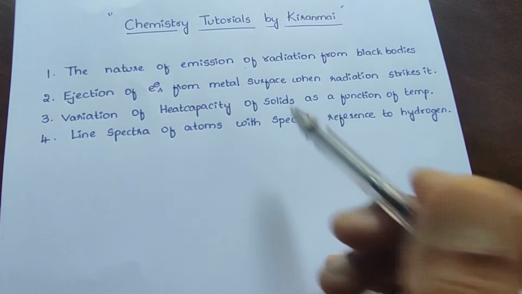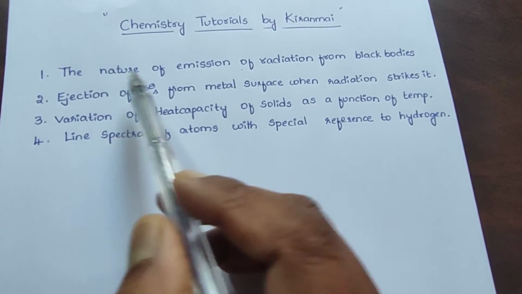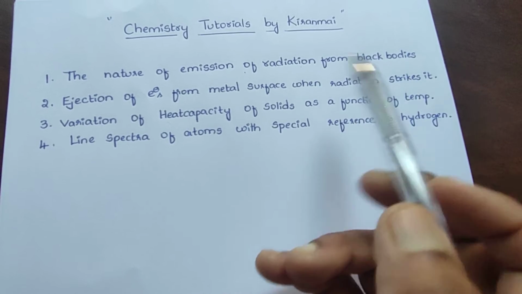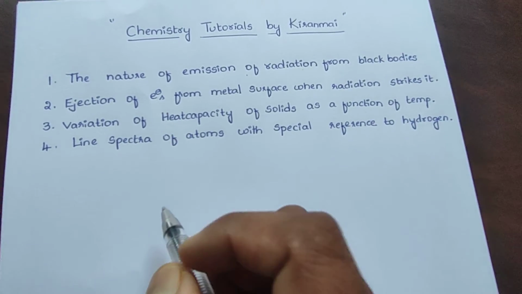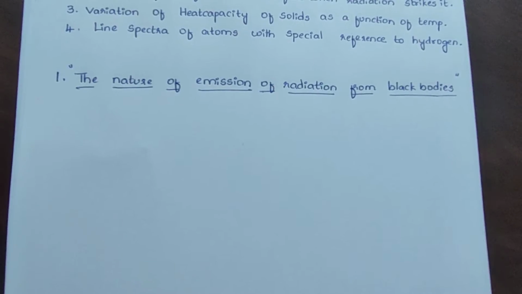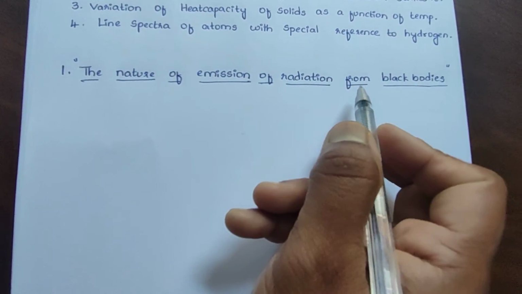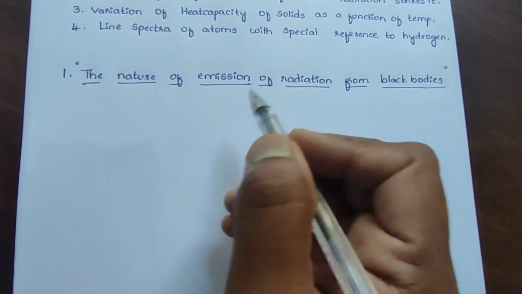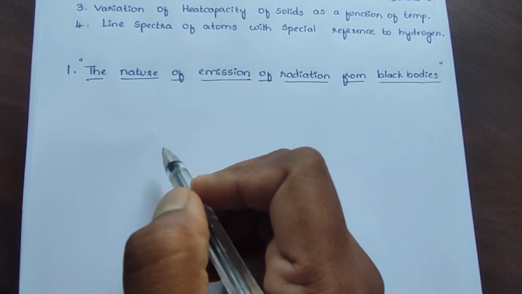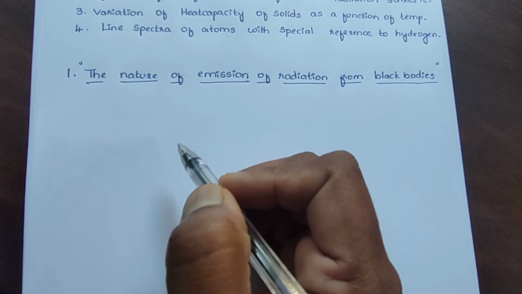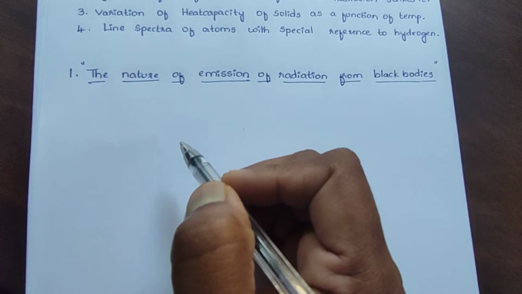In today's video, I am discussing the nature of emission of radiation from black bodies, that is, black body radiation. When we observe hot objects, there is an emission of electromagnetic radiation.